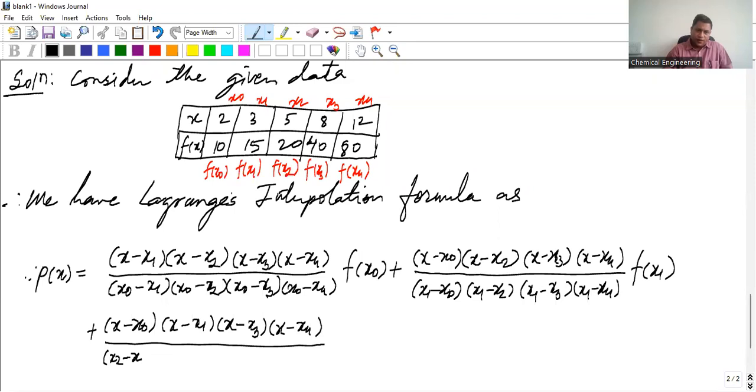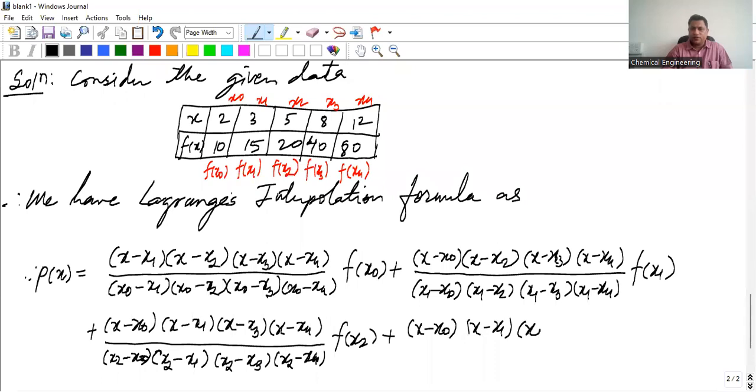And here we have x2 minus x0, x2 minus x1, x2 minus x3, x2 minus x4, and we have therefore f of x2, plus x minus x0, x minus x1, x minus x2, x minus x4.